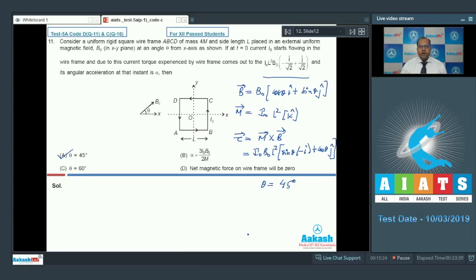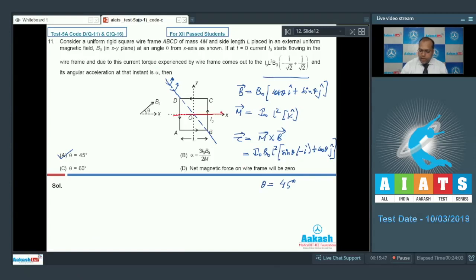So in order to calculate the value of alpha, we have to check along which direction this loop is rotating. So if I see, this is the direction along which the torque is coming. So we have to write the moment of inertia of this system about this axis. So in order to calculate this, I have to find out what is the I about this direction.